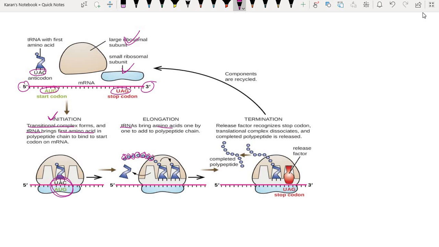Peptide bond formation occurs between these amino acids and the whole chain of polypeptide or protein is formed. After the chain is completed, the release factor will bind, as I already told you. The release factor binds and the stop codon helps in termination of the whole process, and finally we get the protein, right. So this is the whole process.